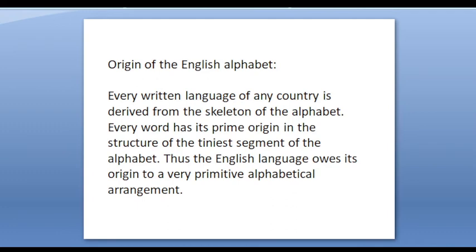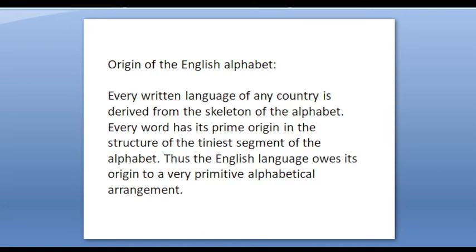Origin of the English alphabet. Every written language of any country is derived from the skeleton of the alphabet. Every word has its prime origin in the structure of the tiniest segment of the alphabet. Without an alphabet, a word cannot be formed, and without words, there will be no language.